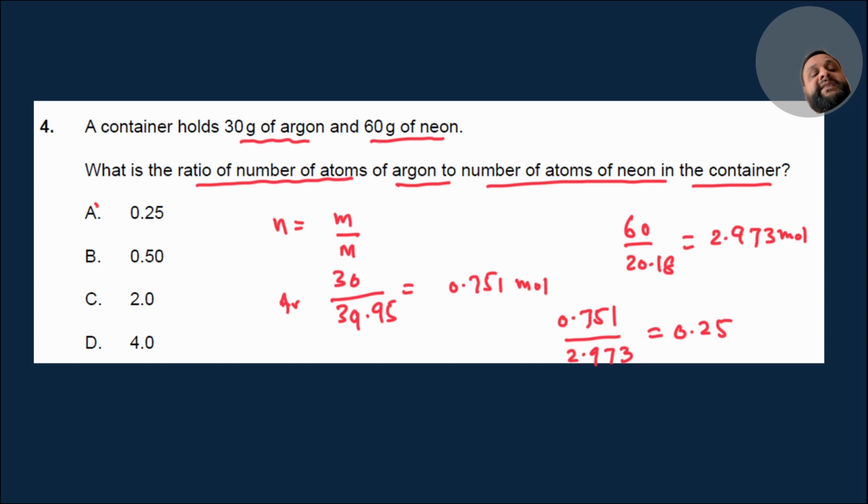Hence the correct answer is A. The key thing here is we need to convert these masses into moles first, because 1 mole of any substance contains the same number of atoms, the Avogadro constant.